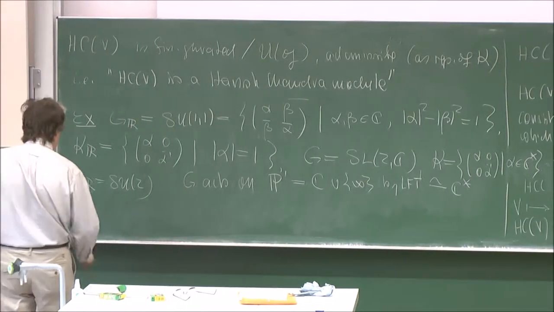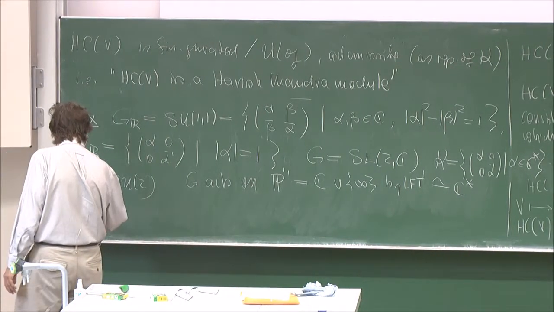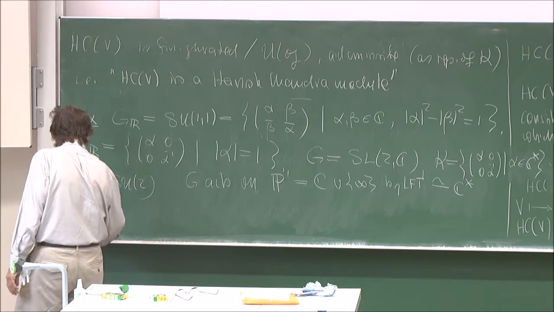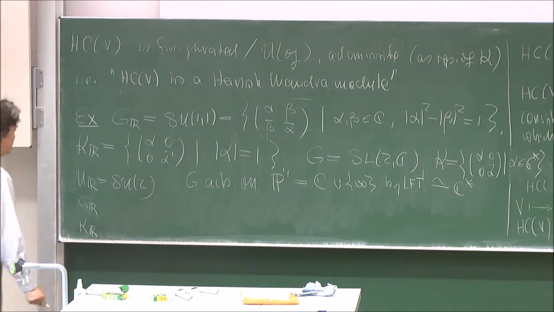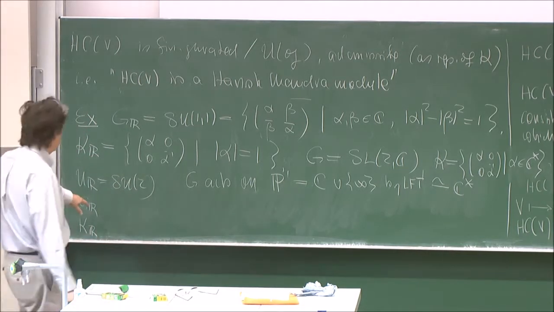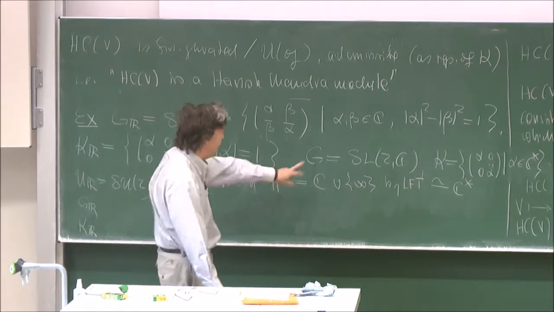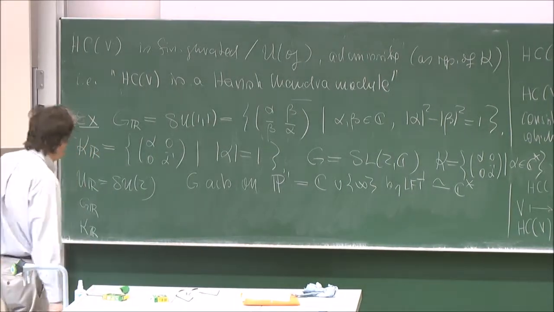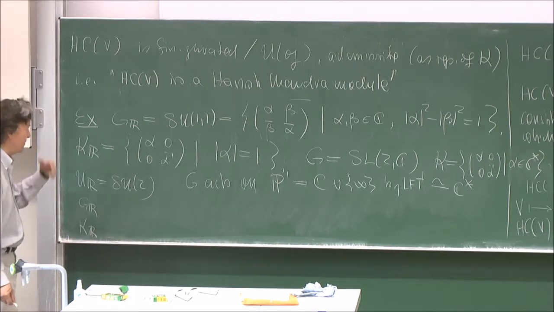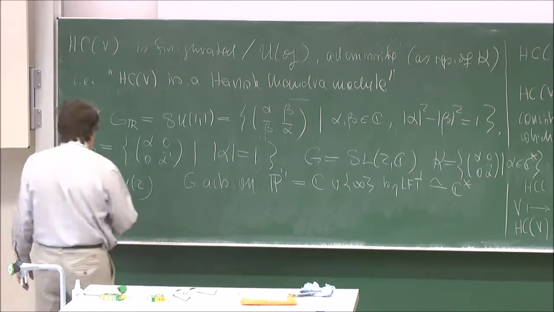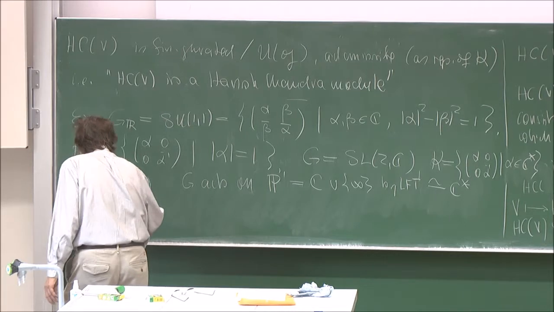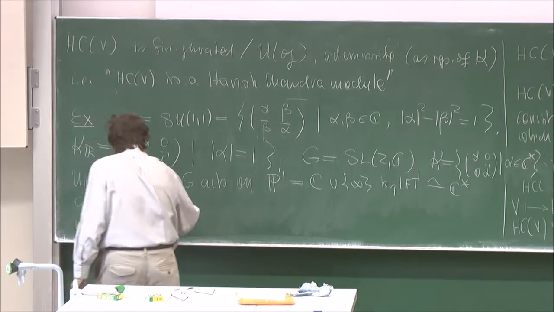And G_R and K_R, as subgroups of G, also act, and these act with 3 orbits.